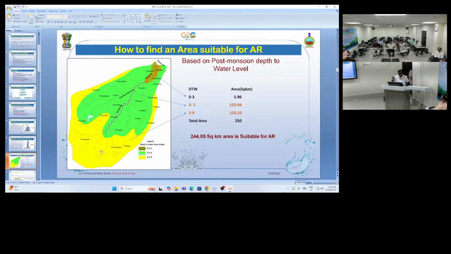And one term is given: why post monsoon? In pre monsoon, the water level generally falls, then naturally it replenishes and comes up in the post monsoon season. In the post monsoon season also, if the water level is very deep, only then will you go for recharging; otherwise it is not required. Normally it will be recharged.